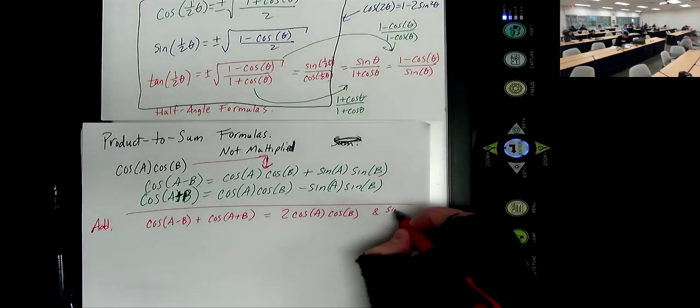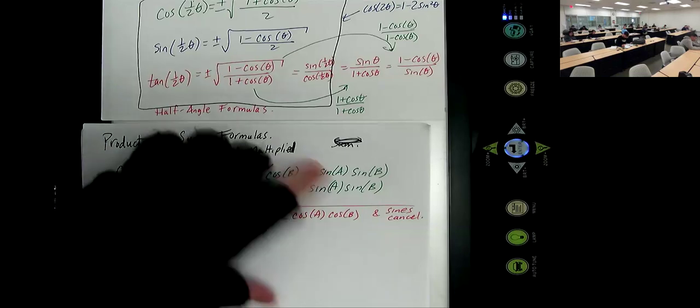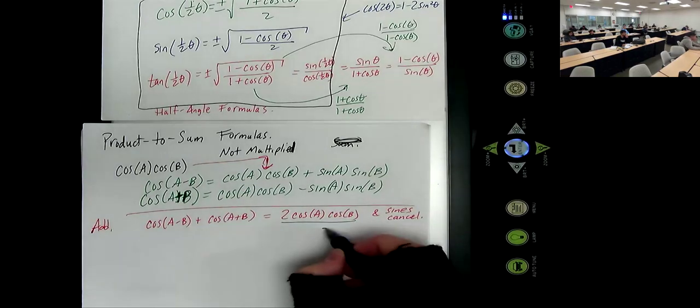I'm gonna write that so that you can see that it happens. If I have a positive 1 and a negative 1, I add them together, they go to 0. You're almost there. You just divide both sides by 2.